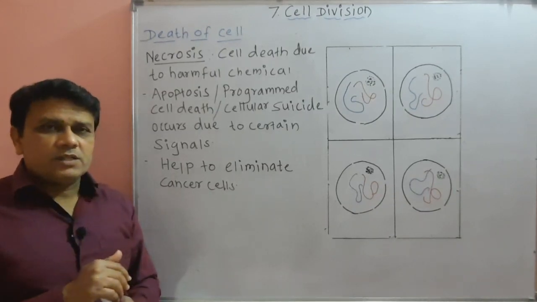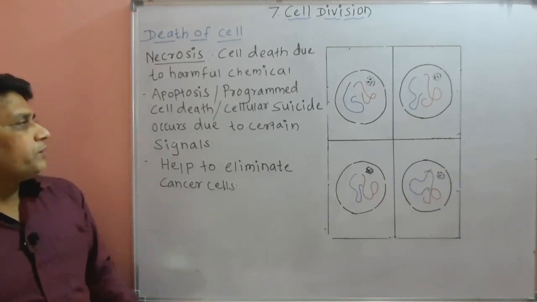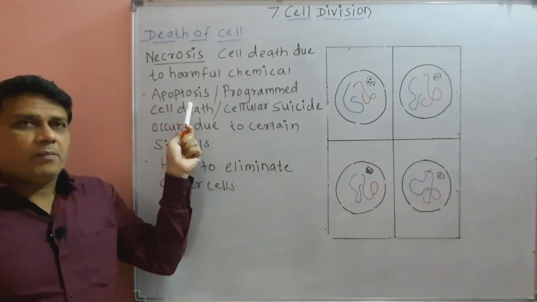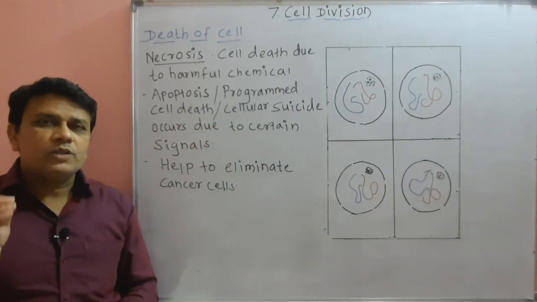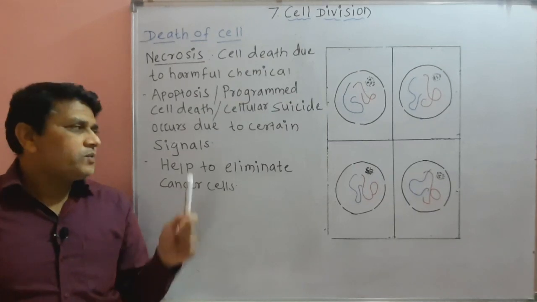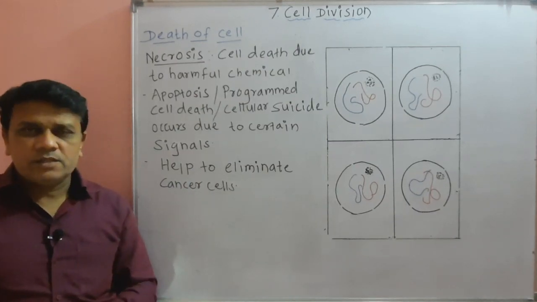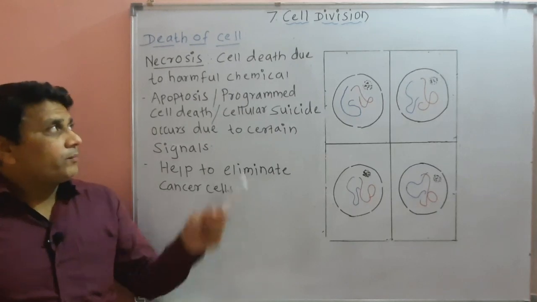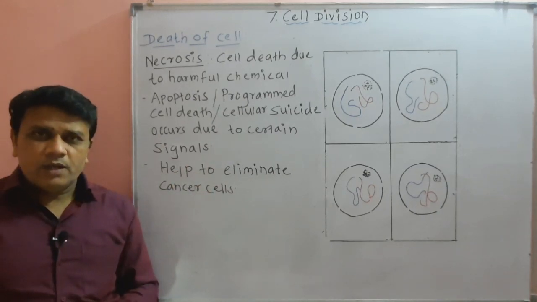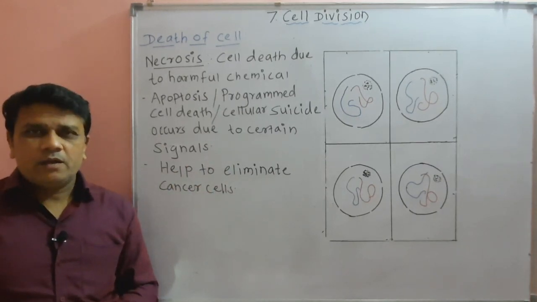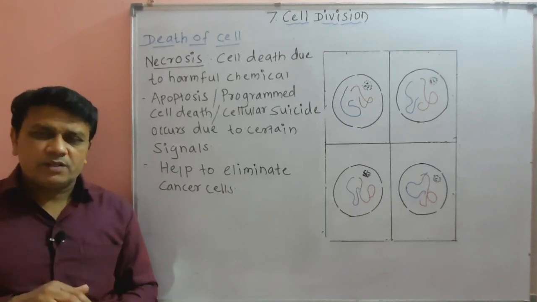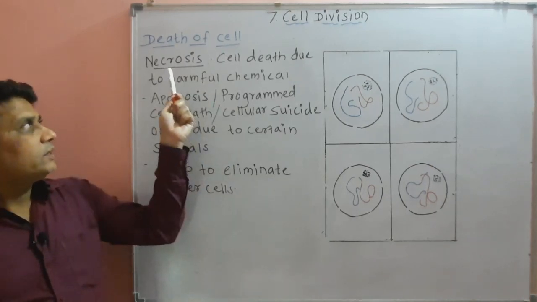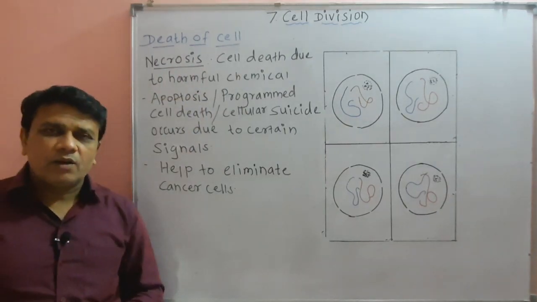Certain signals are developed in the body, and this phenomenon, programmed cell death, occurs due to these signals, and it helps to eliminate cancer cells. So in this chapter, that is cell division, we have seen mitosis, then meiosis and their significance, as well as the topic of death of cell.